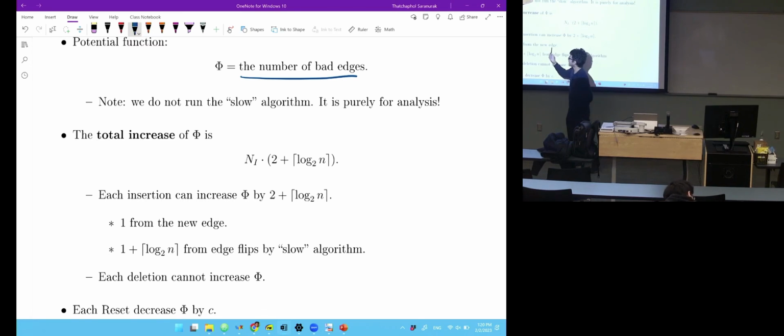But once I insert, the slow algorithm that you run in your imagination might flip edges, but that's just log n edges. That flip might introduce new bad edges, but that's just log n. So this is how much the increase in potential might be for each insertion, just something like log n.